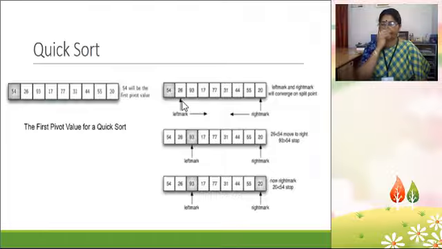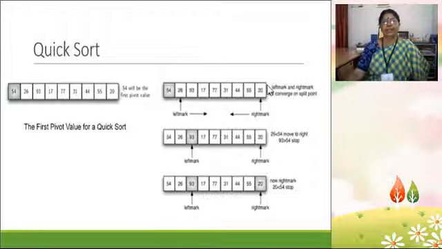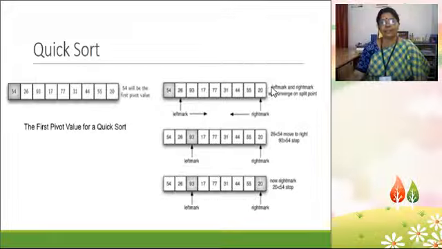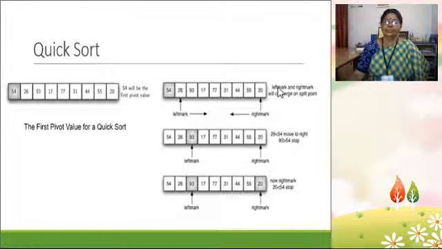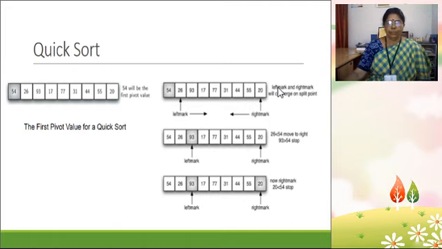The left pointer points to the element next to the partition element, so it starts from 26. The right pointer points to the position of the last element. Quicksort always assumes one extra last position holding infinity.